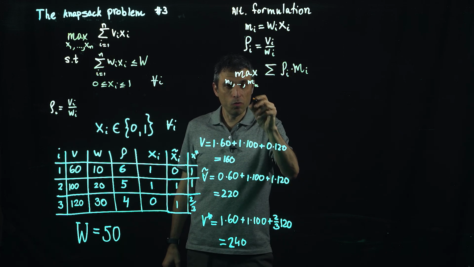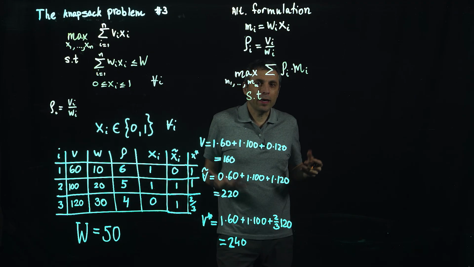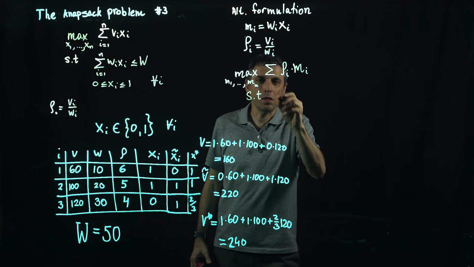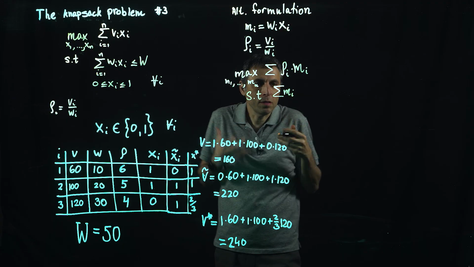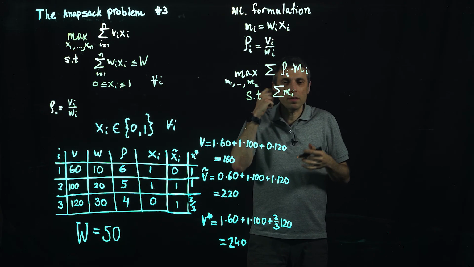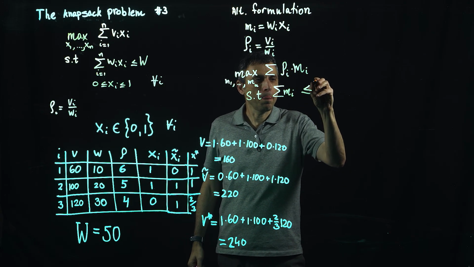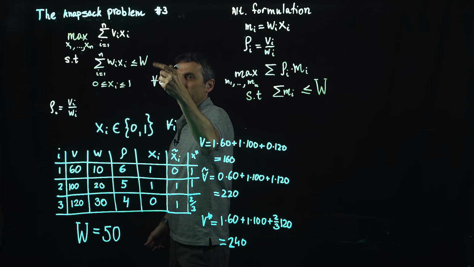But now the constraints: I cannot carry more than, let's say, capital W. So the sigma of the mi, the weight or mass that I'm now going to take, has to be less than this W. That's the first constraint, equivalent to this one.